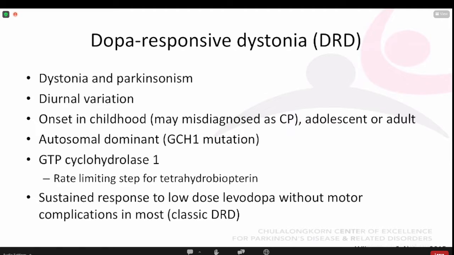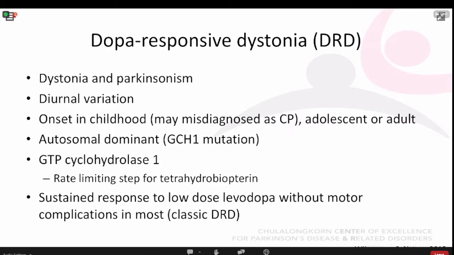The GCH1 mutation is inherited in an autosomal dominant manner. The mutation affects the rate-limiting step for tetrahydrobiopterin, which is part of the dopaminergic synthesis pathway.